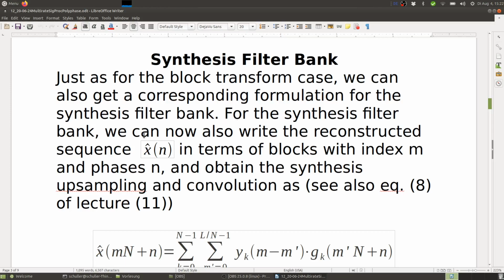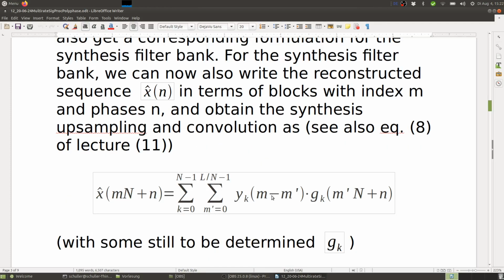For the synthesis filter bank, we can now also write the reconstructed sequence x hat of n in terms of blocks with index m and phases n, and obtain the synthesis, upsampling, and convolution as this formula, which you can also see in equation 8 of lecture 11 last time.